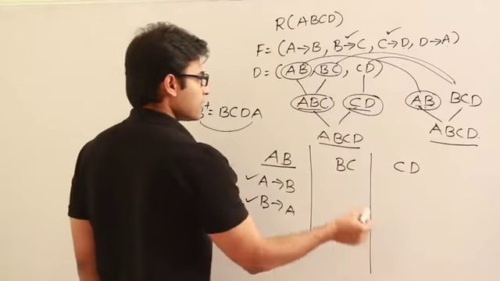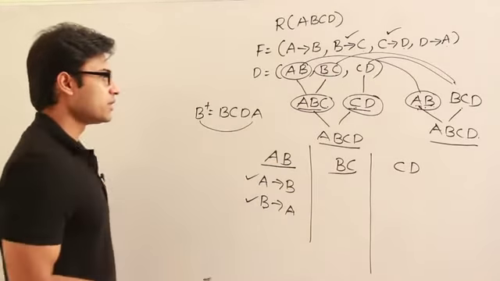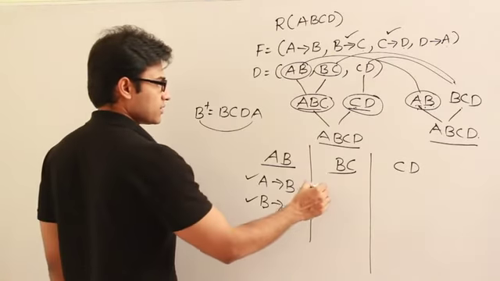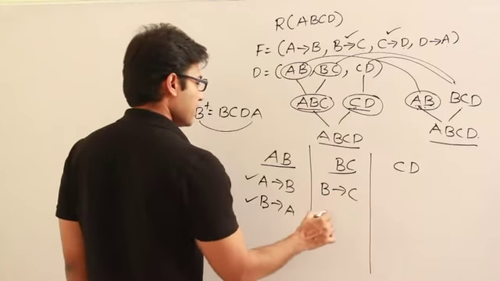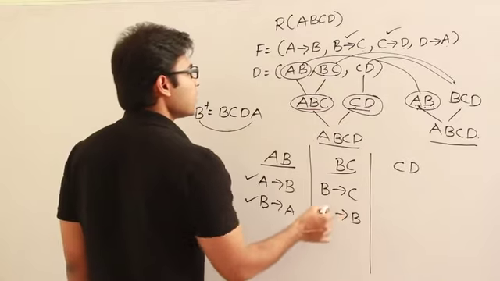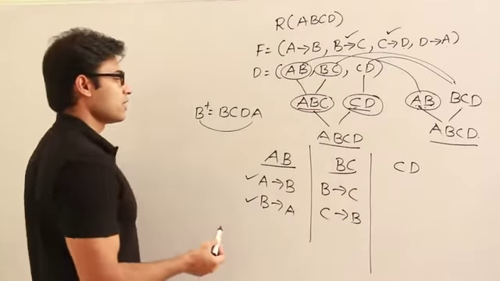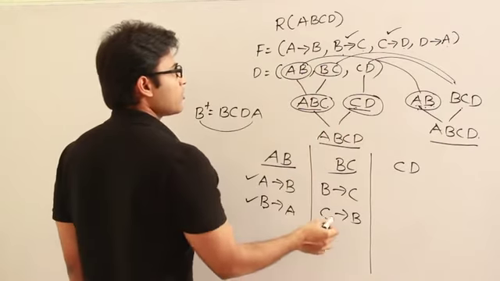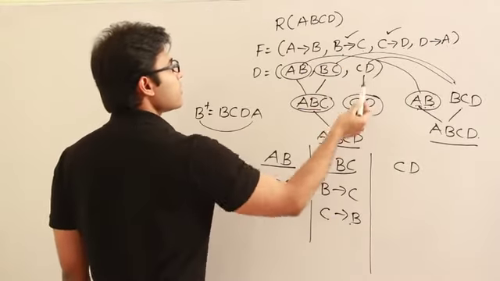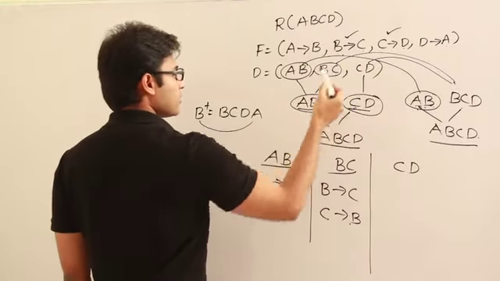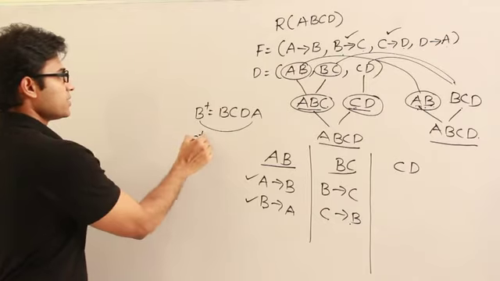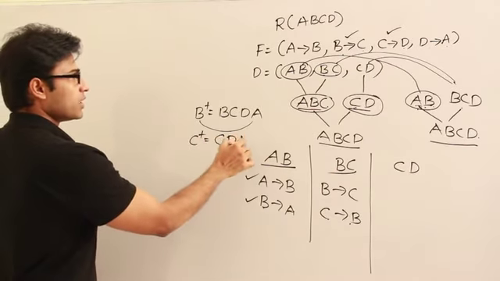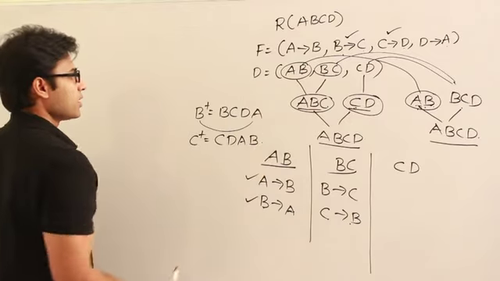And what about this one? What are all the dependencies possible? The non-trivial dependencies: one is B determines C, and the other is C determines B. Let's see if they can be derived from that or not. B determines C, yes, it is clearly derived, right? And what about C determines B? It is not there, but then if you check it, C plus is going to contain D because of CD, A because of DA, and B because of AB, right?